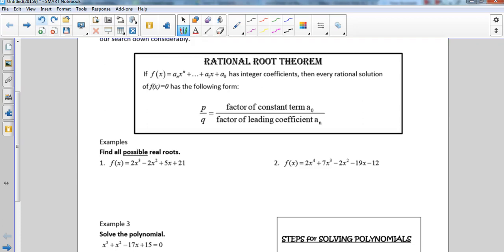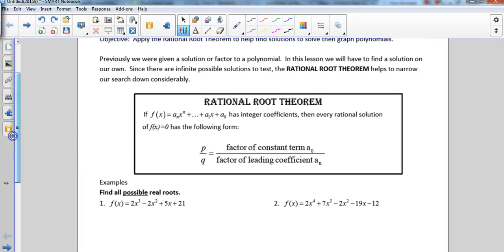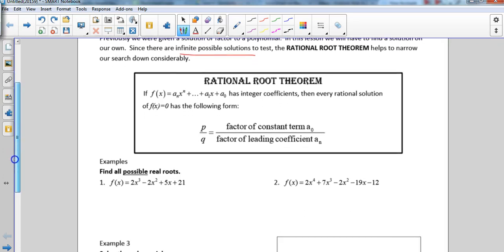Well, hopefully you understand that there are an infinite number of possible solutions. And it could take forever to just say, hey, let's try 3, or 1/2, or negative 2/3. So the rational root theorem is a way to cut down on that time and give you a method to the madness.